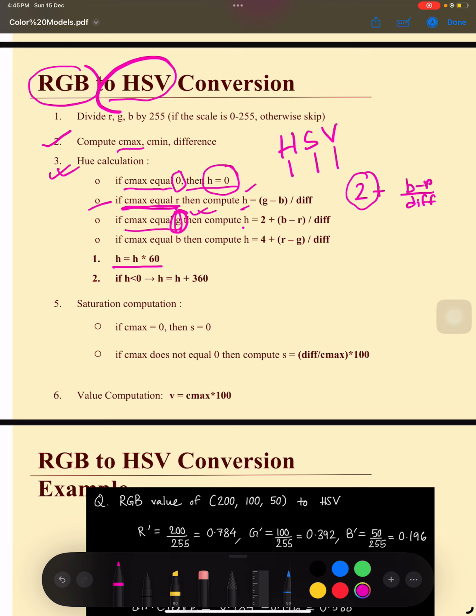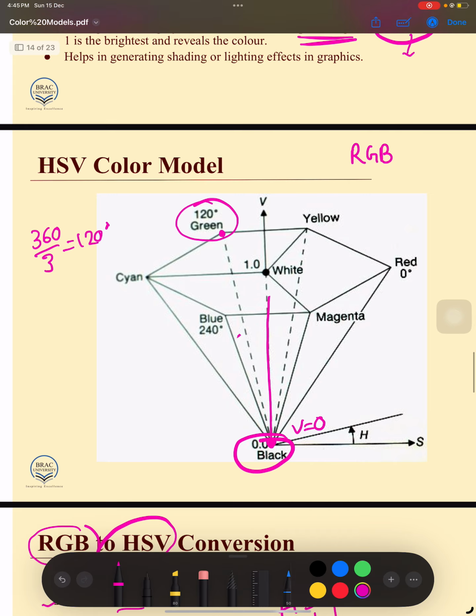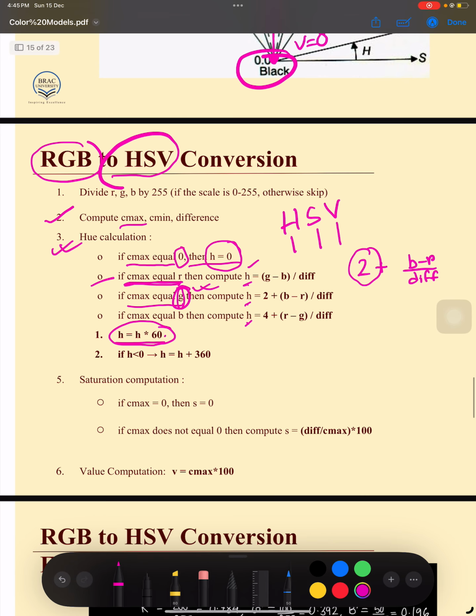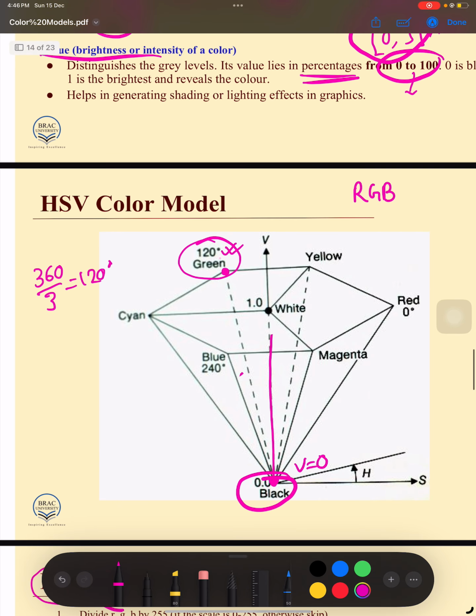After calculating H's value from any of these three formulas, we at last multiply it by 60 to turn it into an angle. So if green is dominant, we begin from 120 degrees. Whenever we multiply, the 60 will be multiplied with 2 and will give me something plus 120 degrees, right? Which means since green is dominant, it will begin from here.